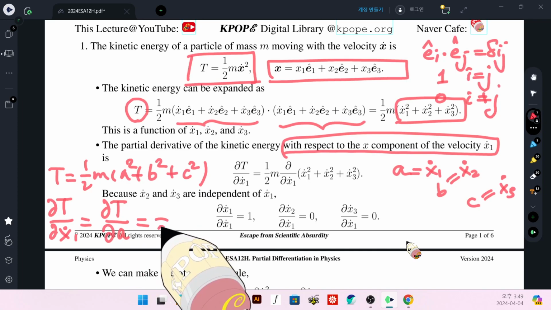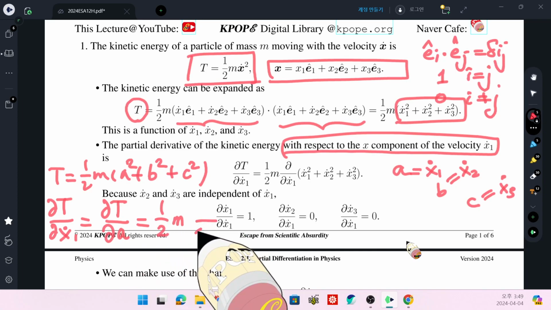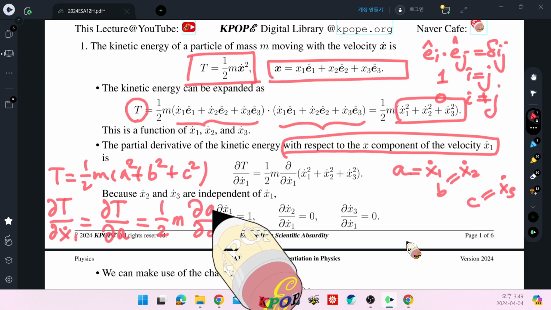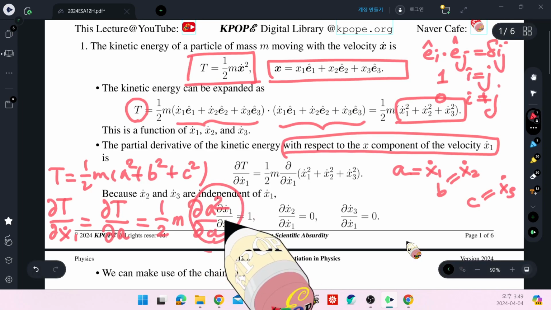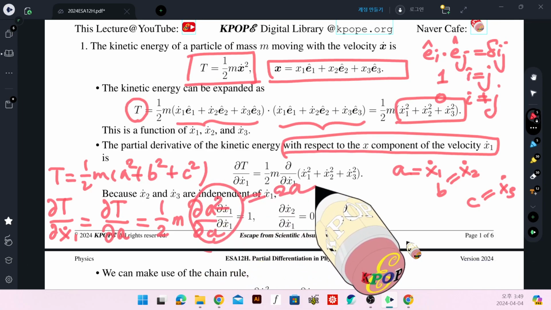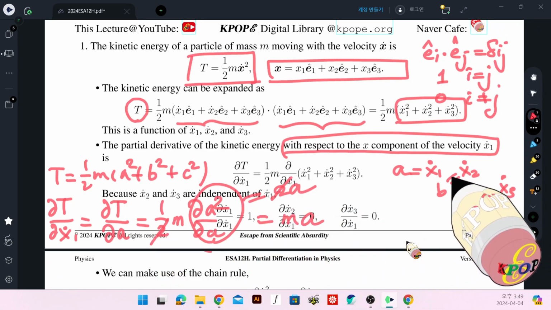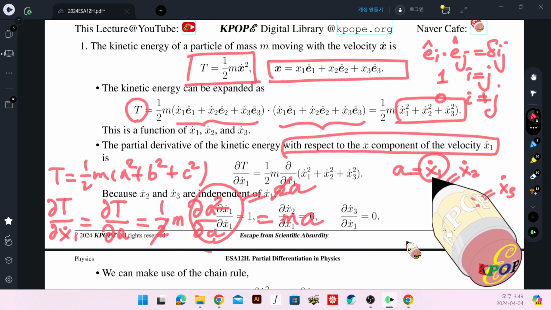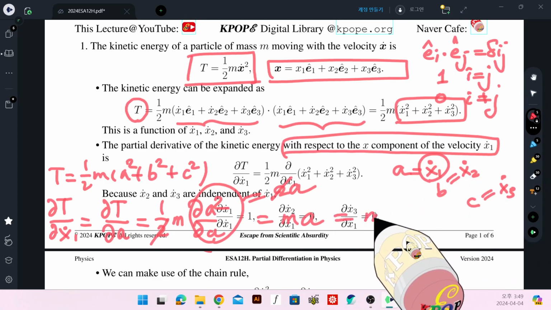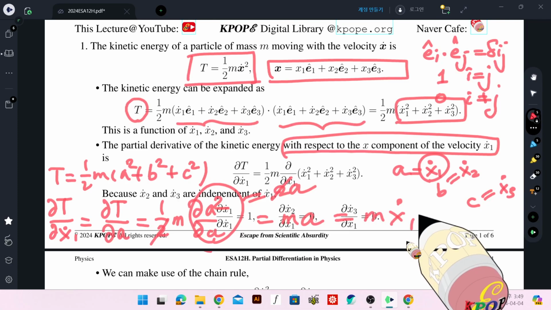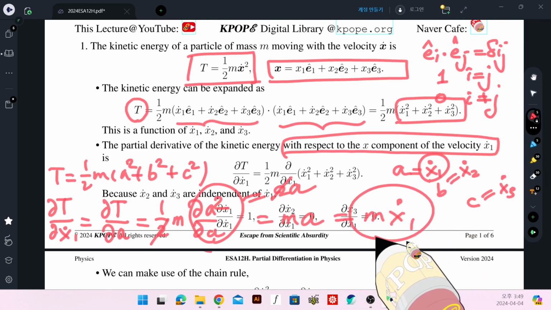So this one is nothing but 2 times a, and cancel, and a is, let us return to the original expression, mass times velocity along the x-axis.